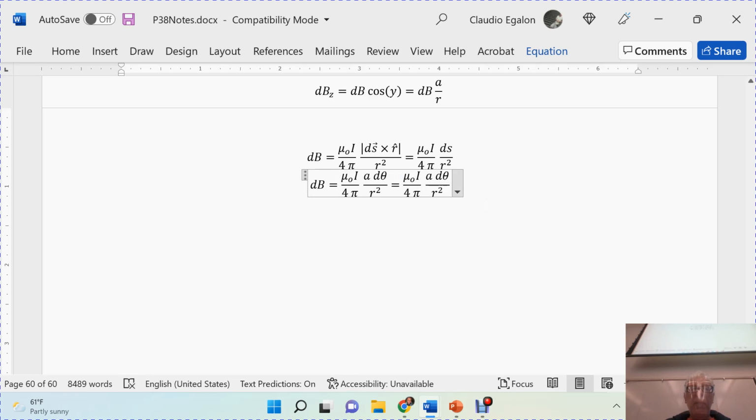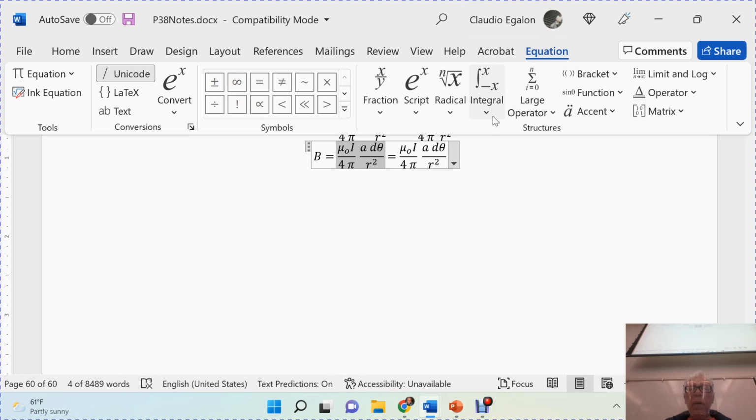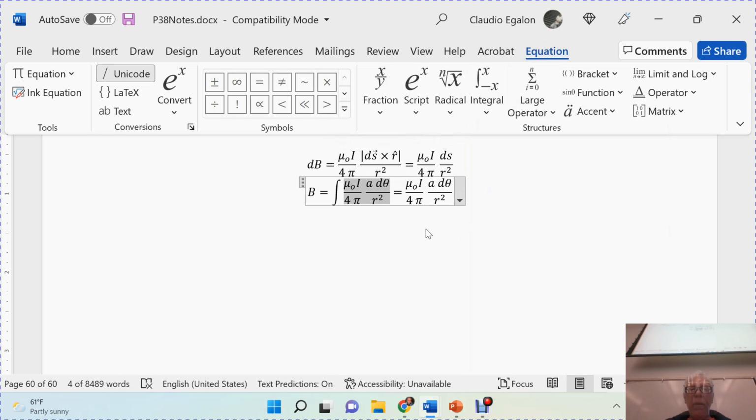It still should be dB. Let me put the integral here, from 0 to 2 pi.